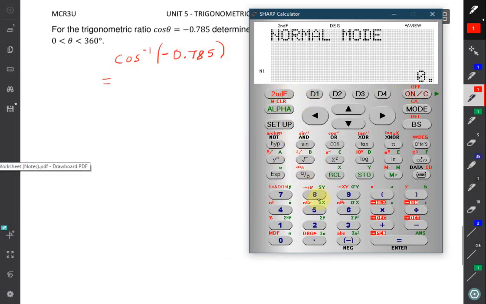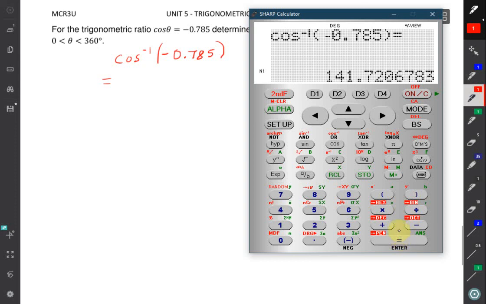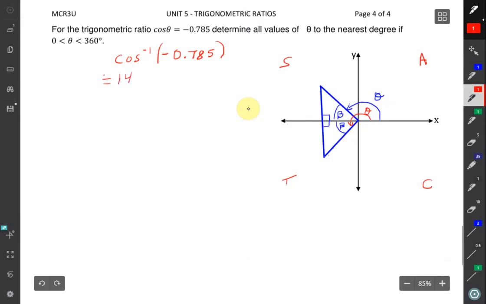Second function, cos of negative 0.785 is equal to 141.7. That clearly is my theta because it's greater than 90. So theta is equal to 141.7.